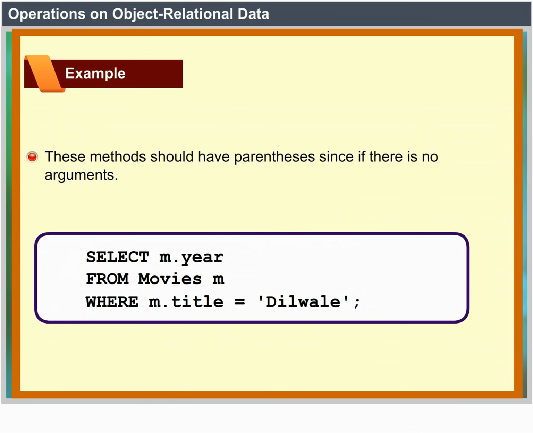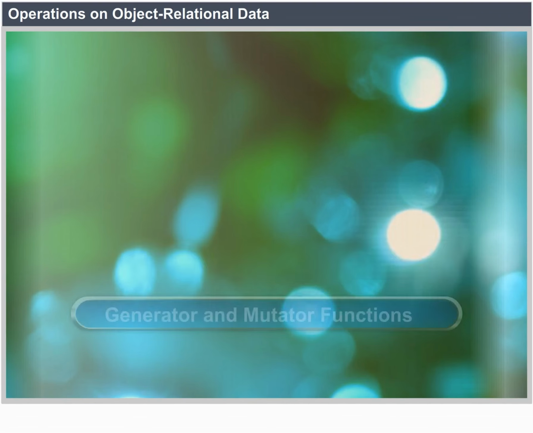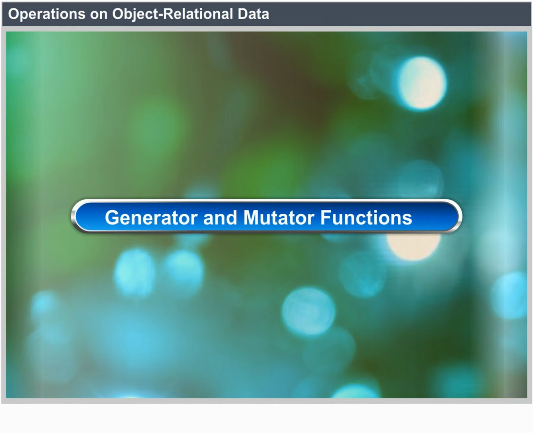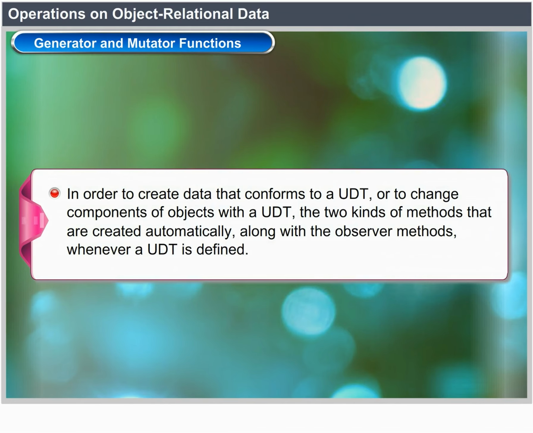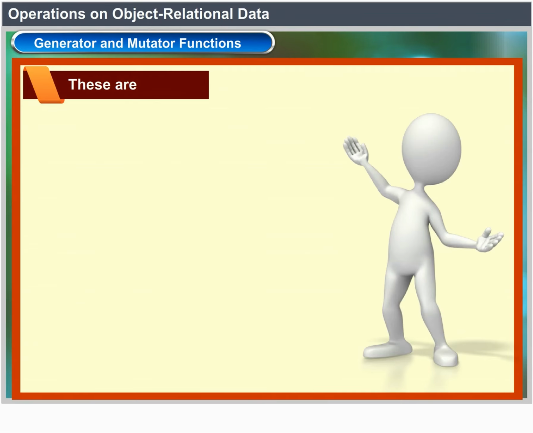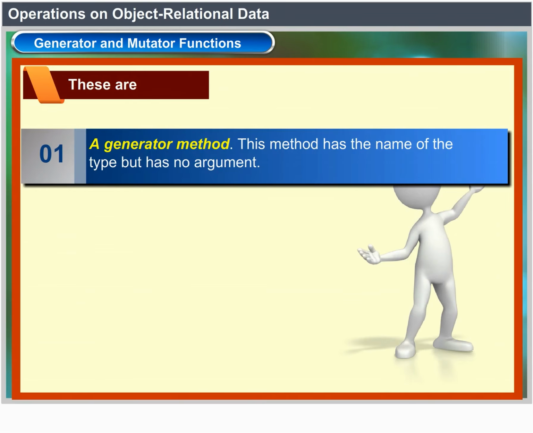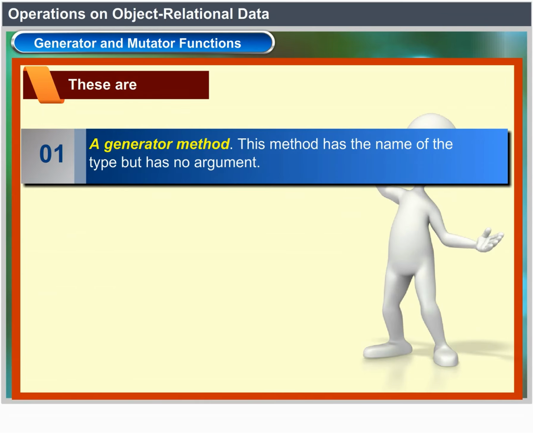The generator and mutator functions. In order to create data that conforms to a UDT or to change components of objects with a UDT, we can use two kinds of methods that are created automatically along with the observer methods whenever a UDT is defined. These are: Number 1, a generator method. This method has the name of the type and no argument. It may be invoked without being applied to any object.